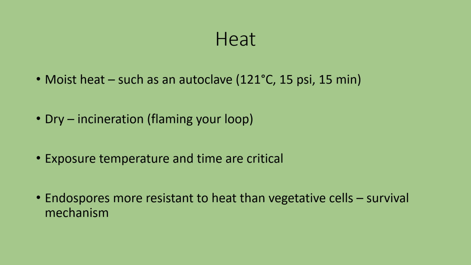So it depends on what you're doing and what your samples are as to what method you're going to use. But heat is a very effective way of acting as a physical agent to control microbial growth, as far as inhibiting it or killing it and preventing it from growing in whatever environment you're in.